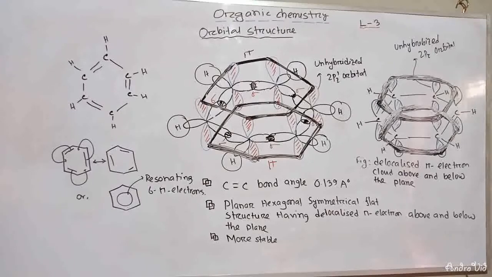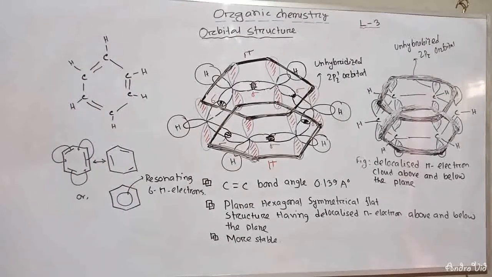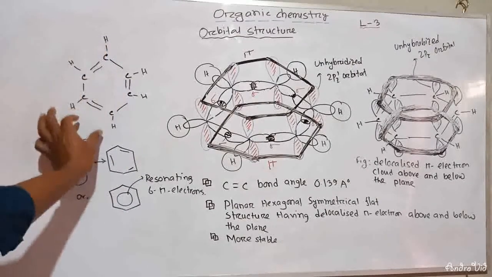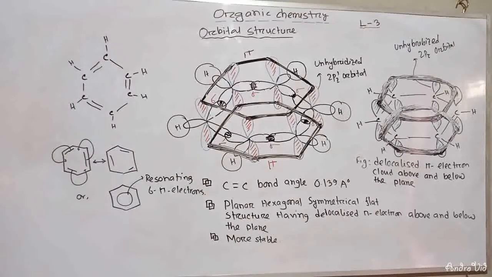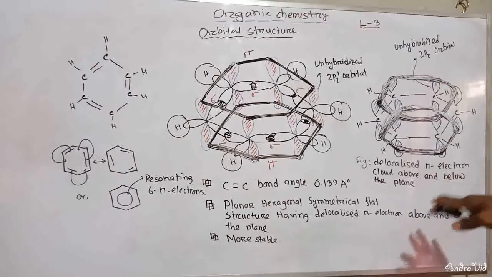The point that you have to notice in that case is that the pi bonding electrons should not be restricted between 2 carbons. The pi bonding electrons should be delocalized. In case of benzene, the pi bonding electrons have the capability to delocalize throughout the benzene ring. As they are in a delocalized state, they produce pi bonding orbitals, which are present above and below the planar hexagonal structure.